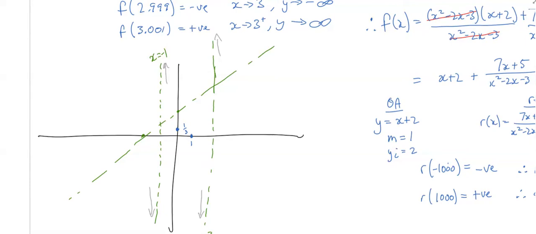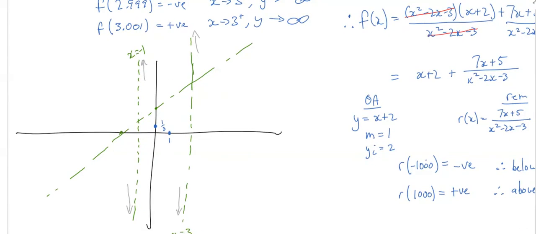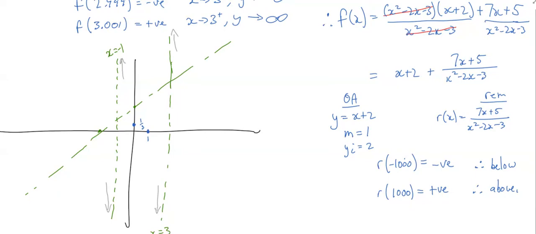Oblique asymptote. When I'm going off to the left, I'm going below. When I'm going off to the right, I'm coming from above. So below looks like this, and above looks like this.